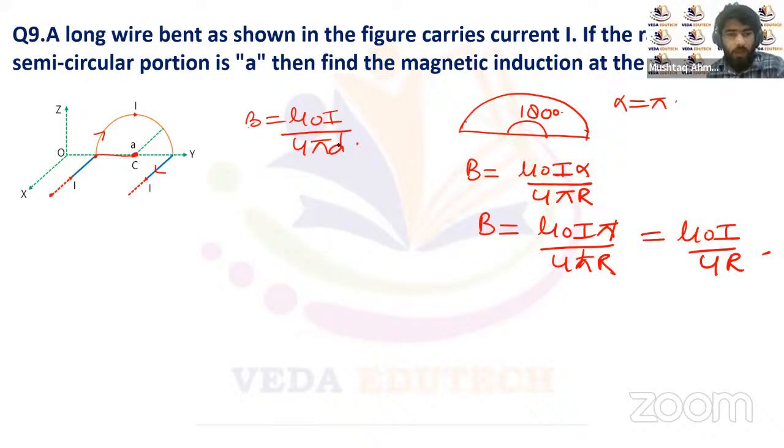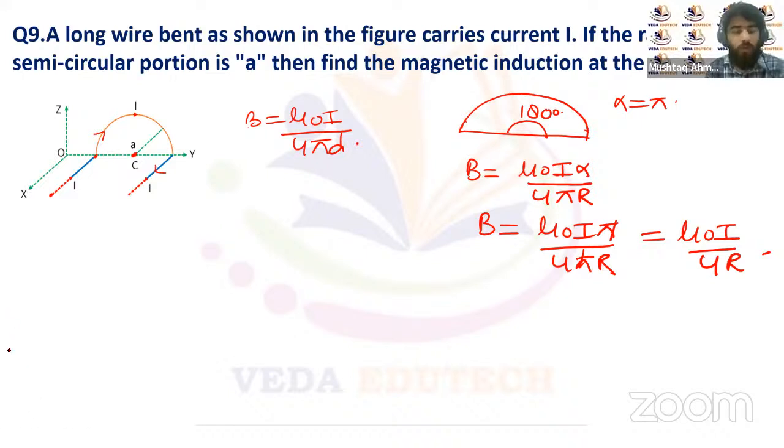Now talking about the net direction of this magnetic field. If this is the wire, then the direction of the magnetic field at this point will be given by the right hand thumb rule.